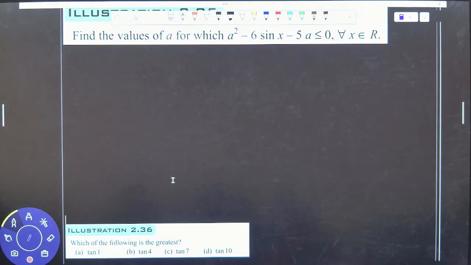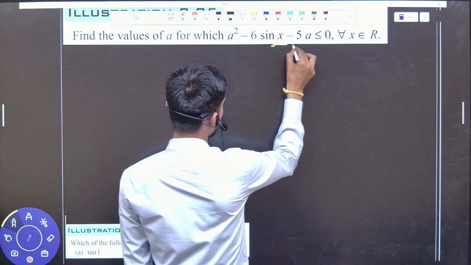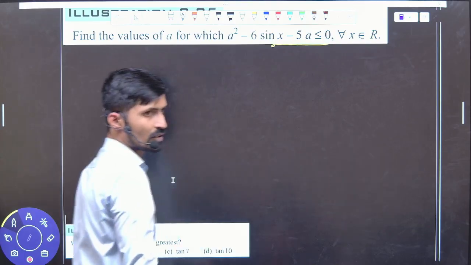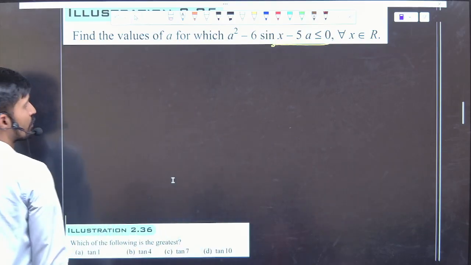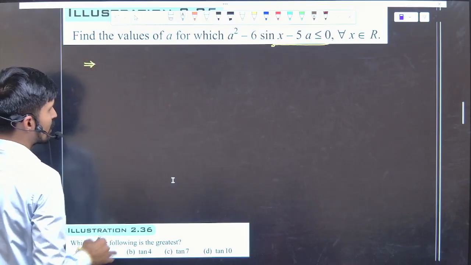So this is the next question. Find the value of a for which this total is less than or equal to 0. So this question also will be a star mark.